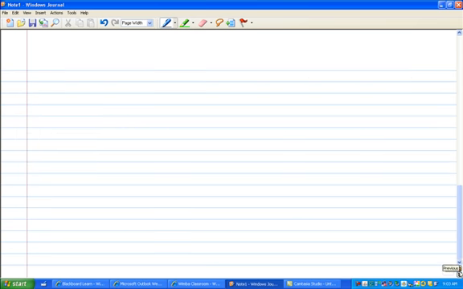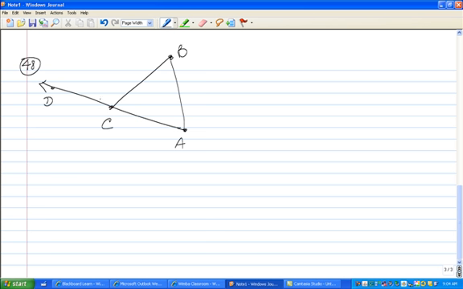Okay, now we'll turn the page. The last one we're going to do is 48, and let me do it at the top of the page here since I took most of my space. Alright, we have D, C, A, and B. The measure of this is 26x.